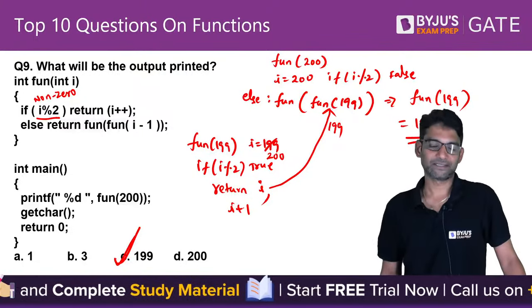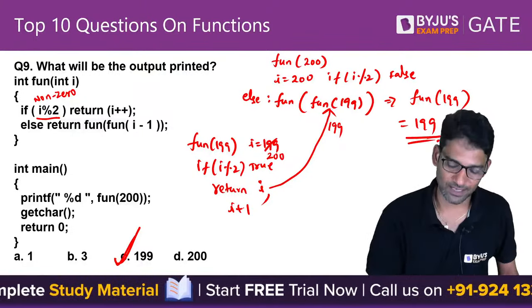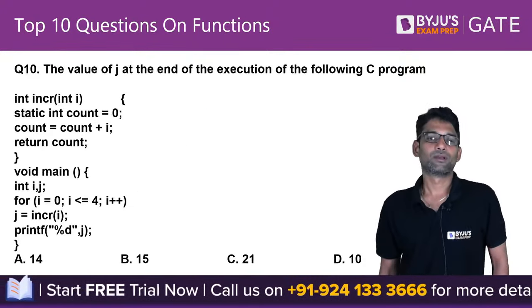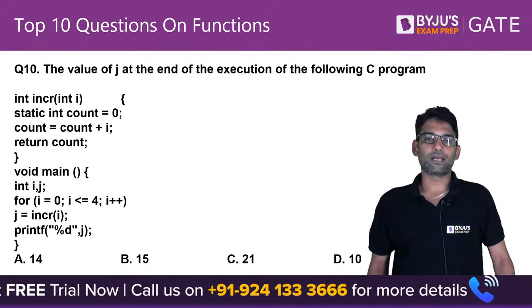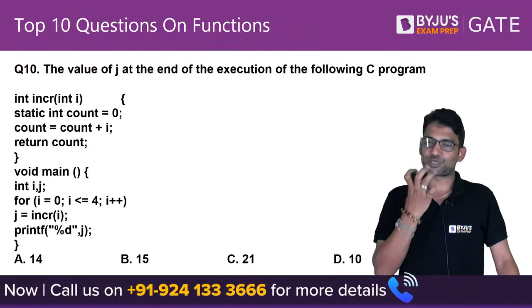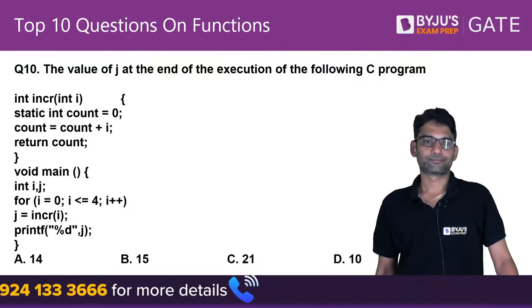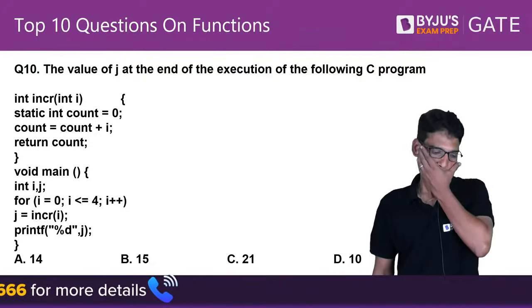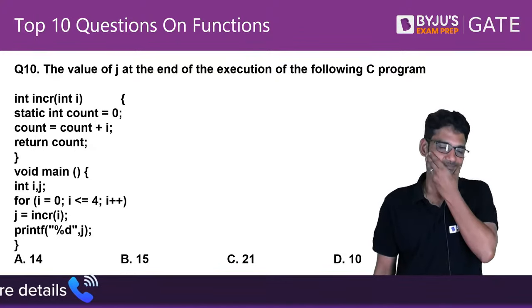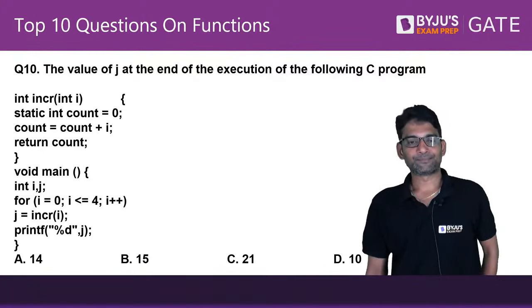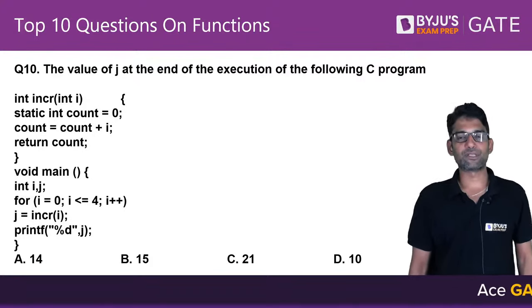Got it? Now the last question of the day. The value of j at the end of execution of the following C program. Options: 14, 15, 21, 10.